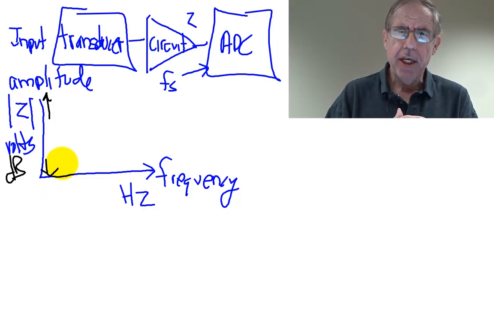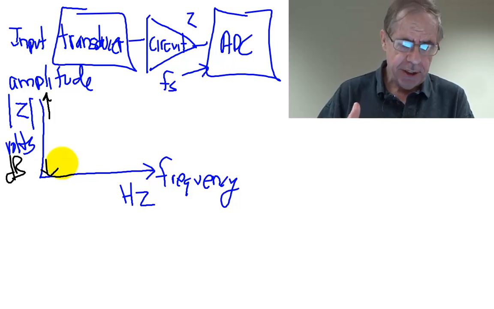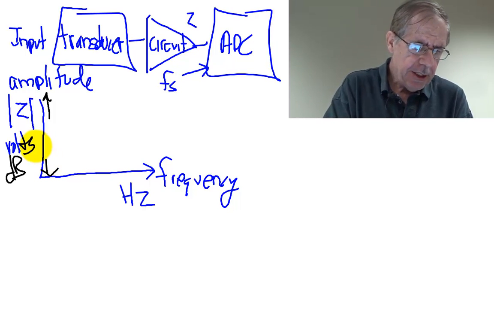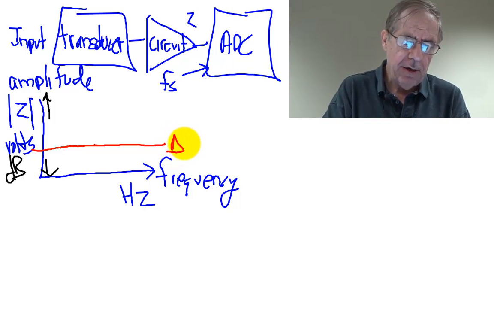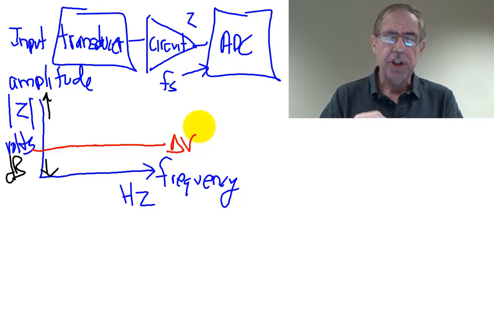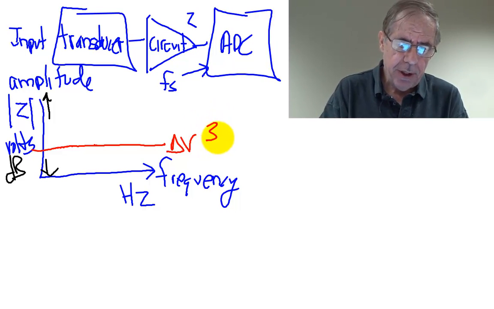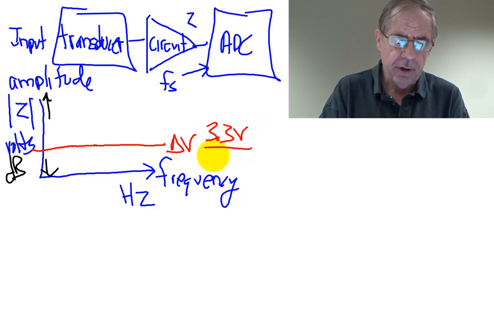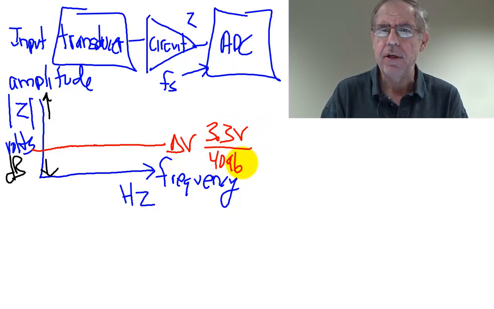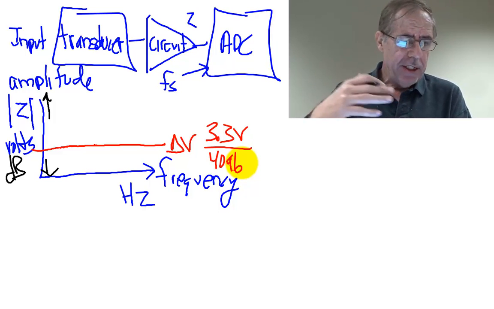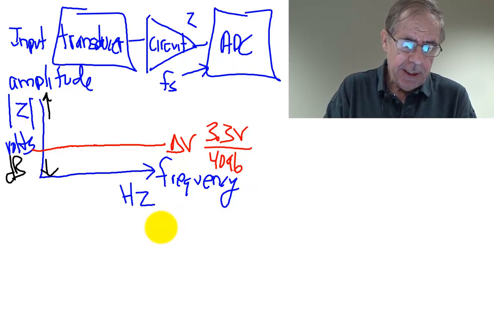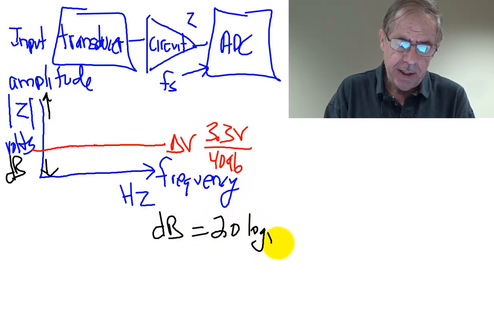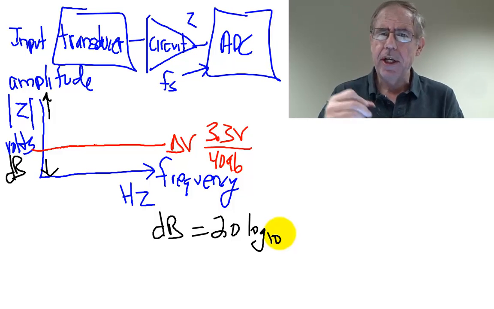One of the interesting points on this axis is this line right here, where we look at the resolution of the A to D. If this resolution is in volts, it's simply 3.3 volts over 4096 of precision, about a millivolt. But if it's in decibels, the amplitude in decibels is going to be 20 log base 10. It's 20 because we're looking at volts.